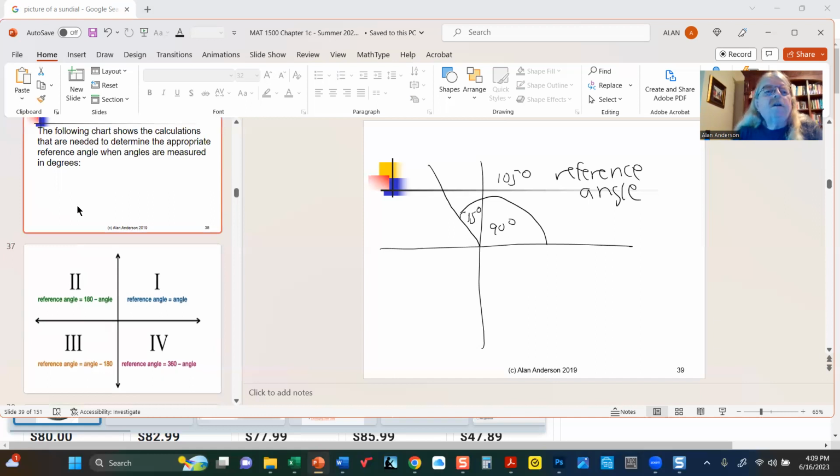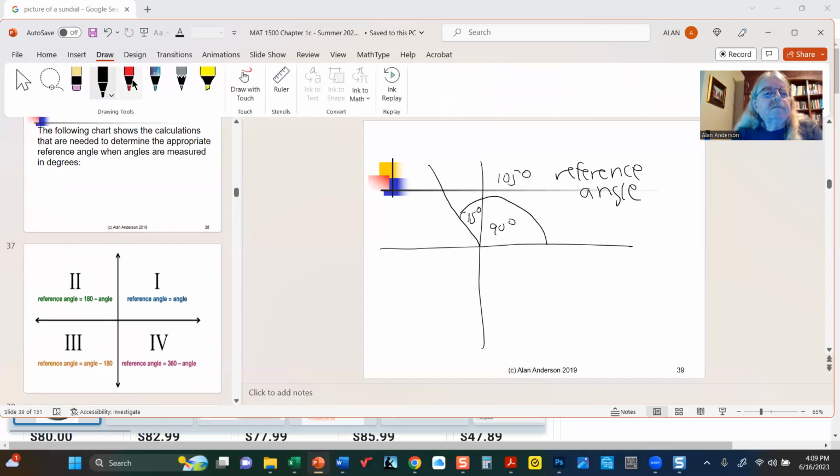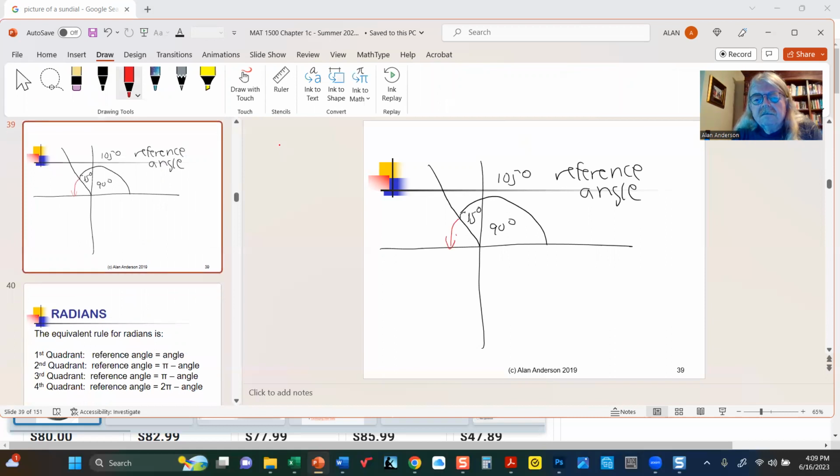In other words, what they're telling us is this. That's where it's coming from. How far would we have to go to reach that horizontal axis from where we are?